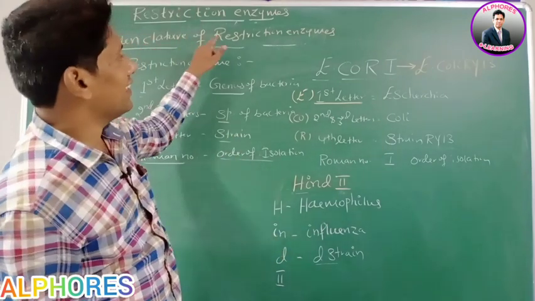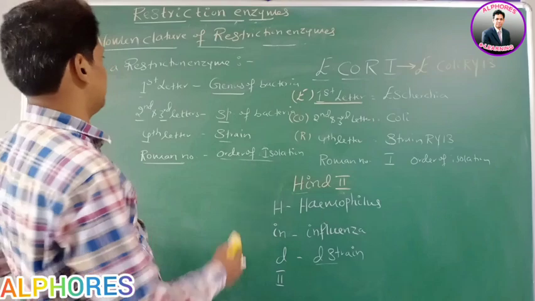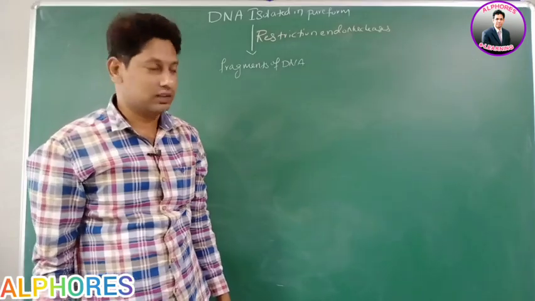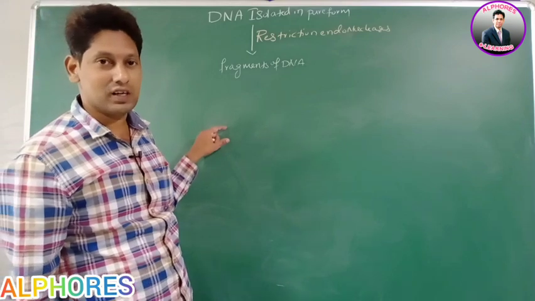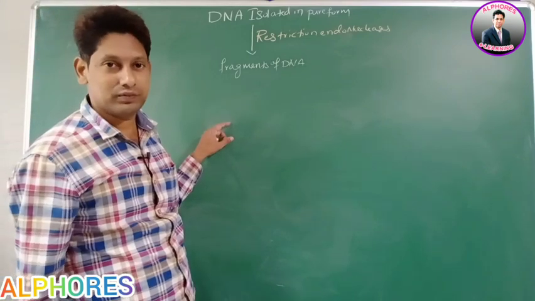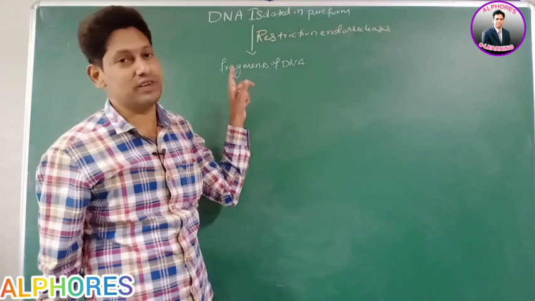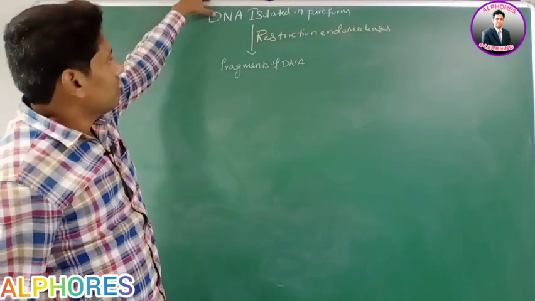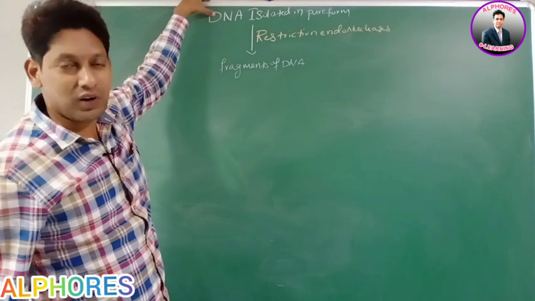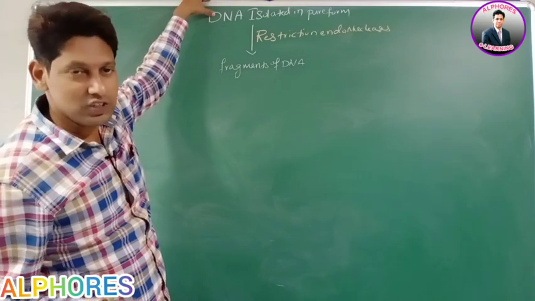That was the nomenclature of restriction enzymes. Now listen here. Now I am continuing the flow chart we drew in the first class, of isolation of desired gene. By the spooling process we isolated the DNA, which is in pure form.